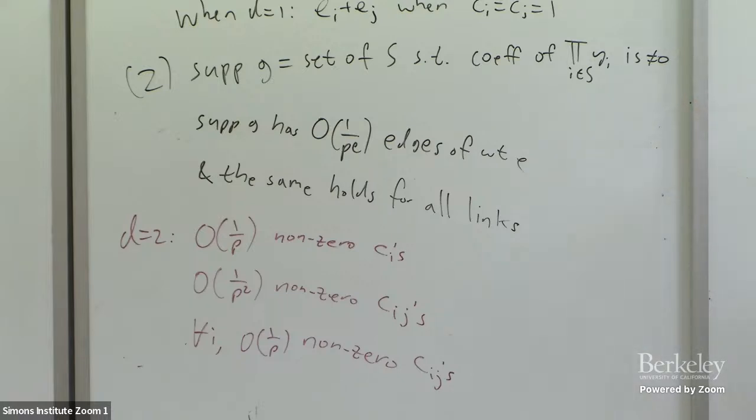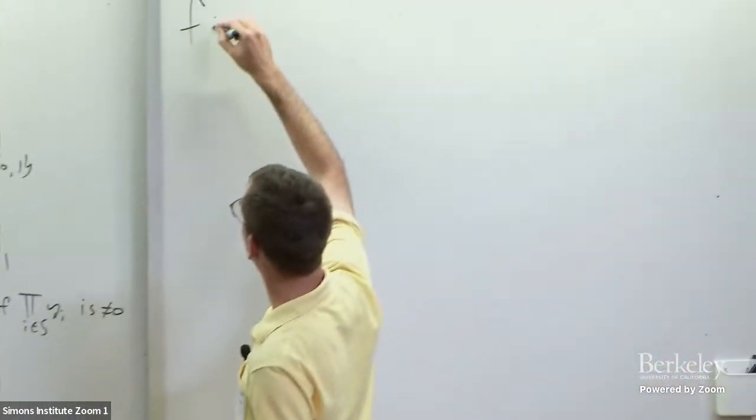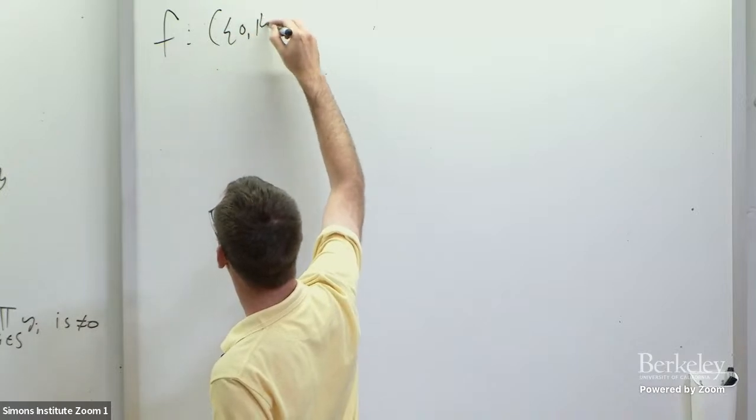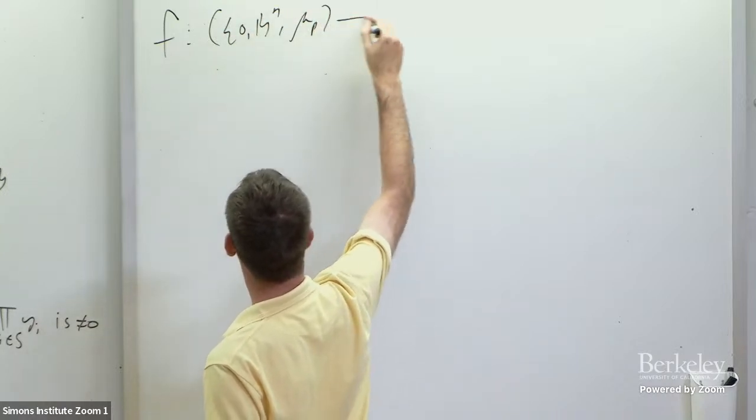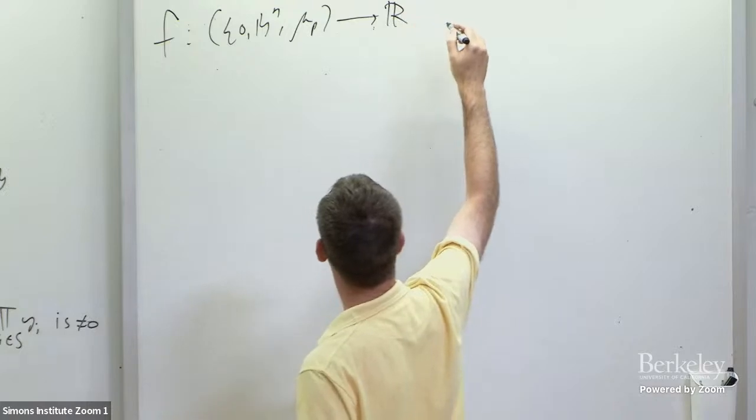So I'm going to outline the proof of the theorem about the p-bias cube, but the proof for the symmetric group is similar, maybe slightly more interesting. So our starting point is a function f from {0,1}^n with measure mu_p to R, where p is at most a half.